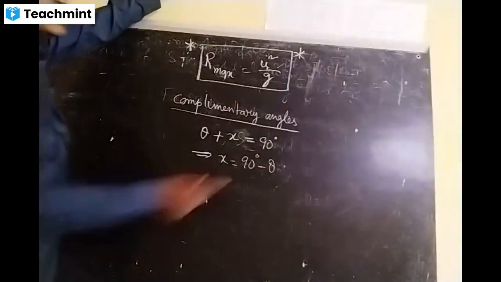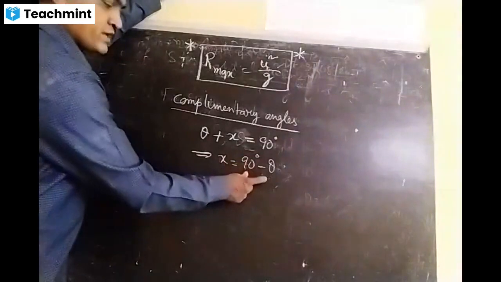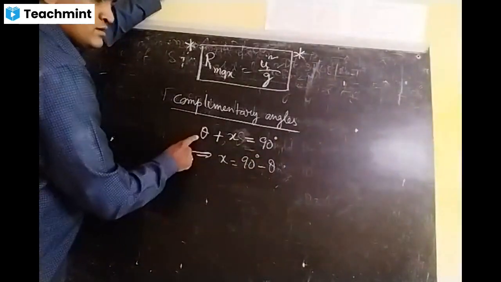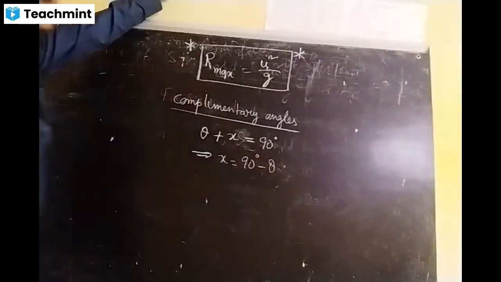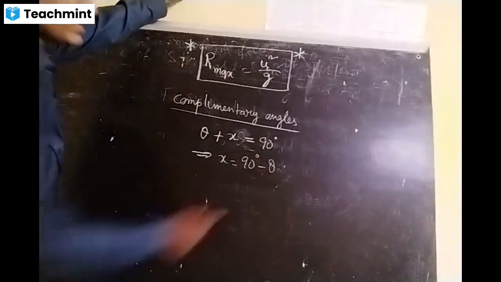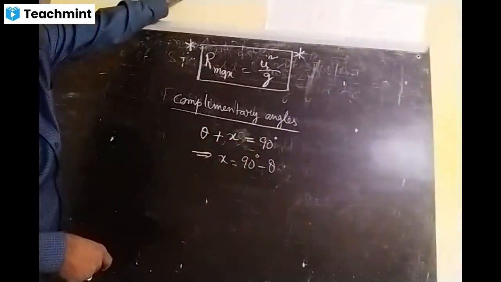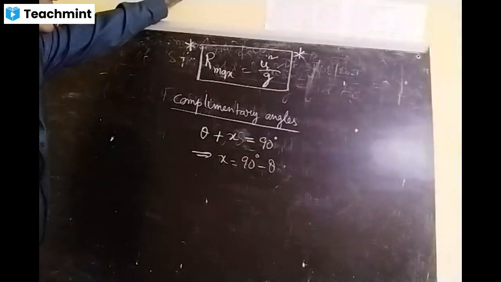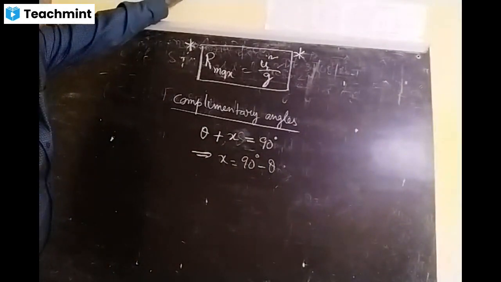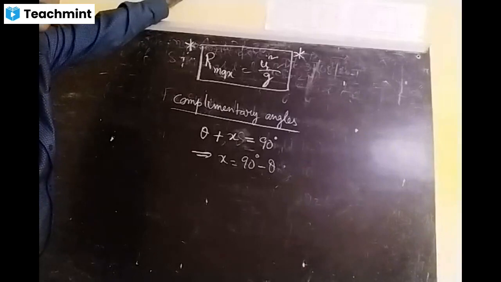That means the other angle I need to take for theta is 90 degrees minus theta. If I add this 90 minus theta to theta, I get 90 degrees, which is said to be complementary. So let me take the two angles as theta and 90 minus theta.